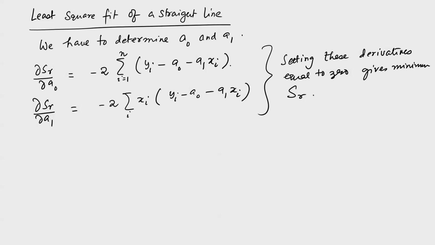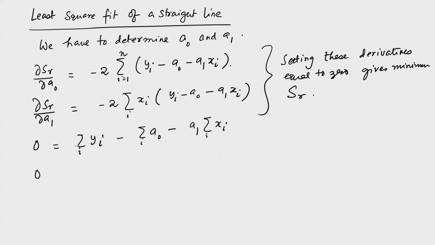So, we will put these derivatives equal to 0. So, 0 equal to, I mean this 2 has no meaning then, so you have the sum over i of y_i minus the sum over i of A0 minus A1 times the sum over i of x_i. Okay.